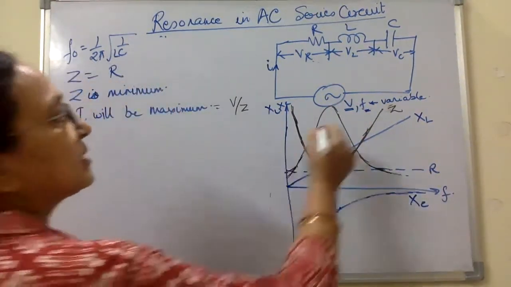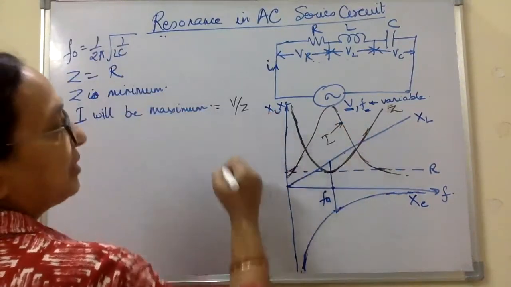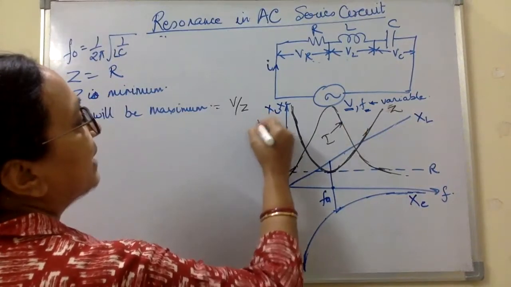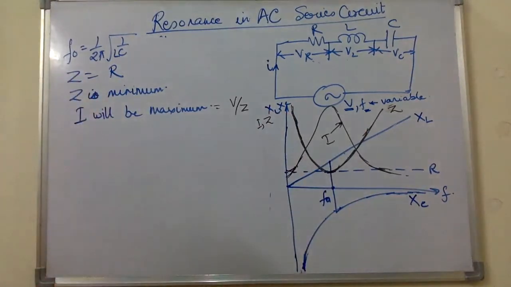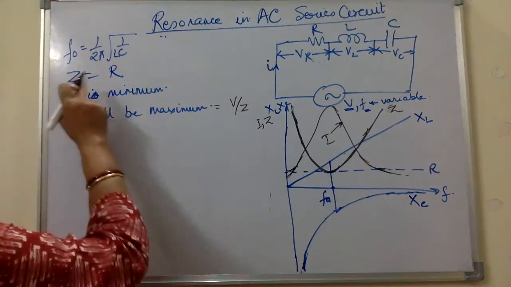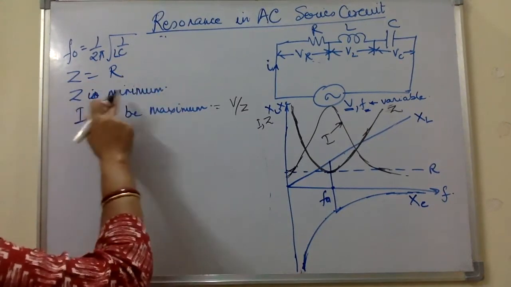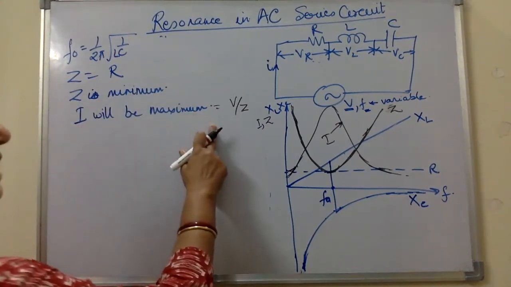So this is the current waveform. So we have drawn the graph of current and impedance with respect to the frequency, because at resonance the impedance is only equal to the resistance value. This means that the impedance is minimum at resonance, and the current is maximum at resonance.